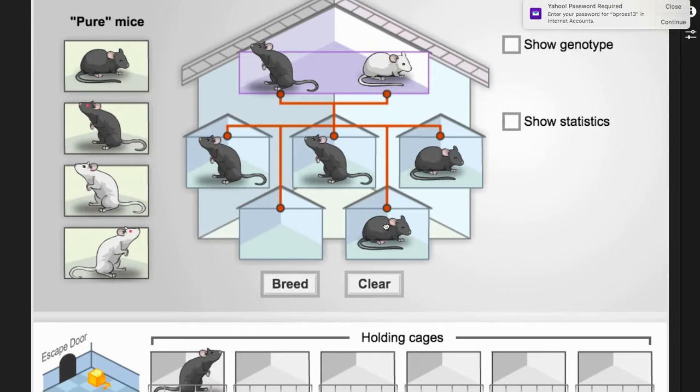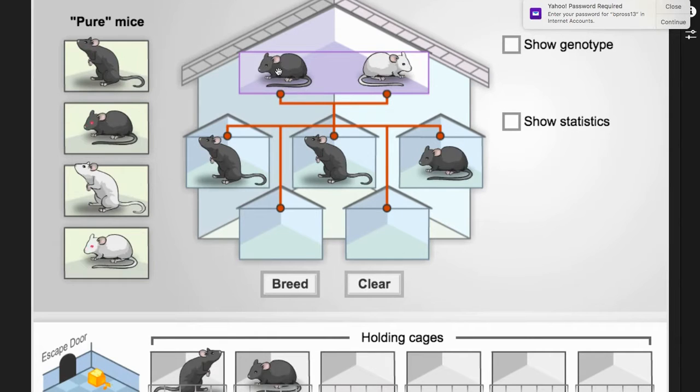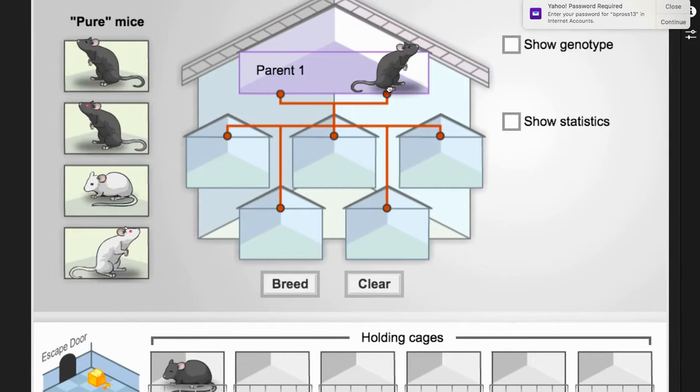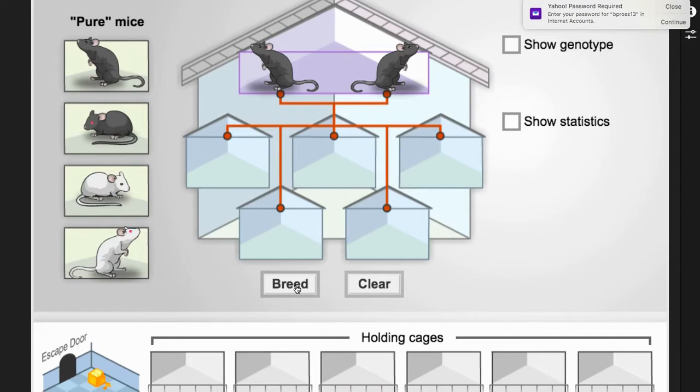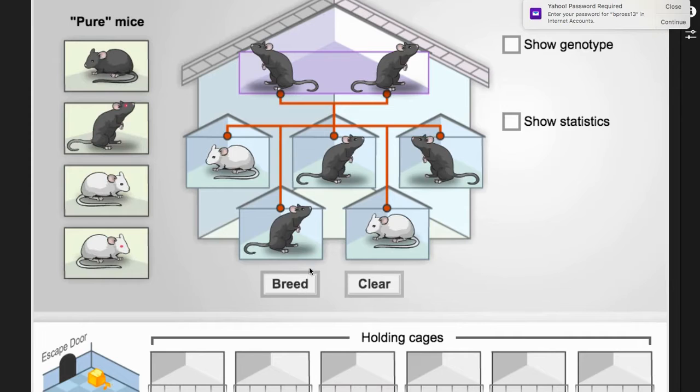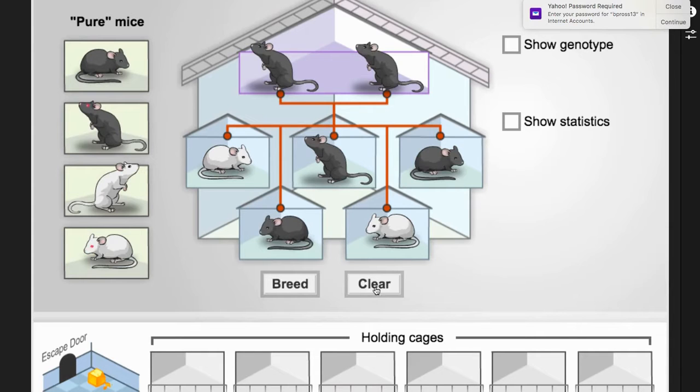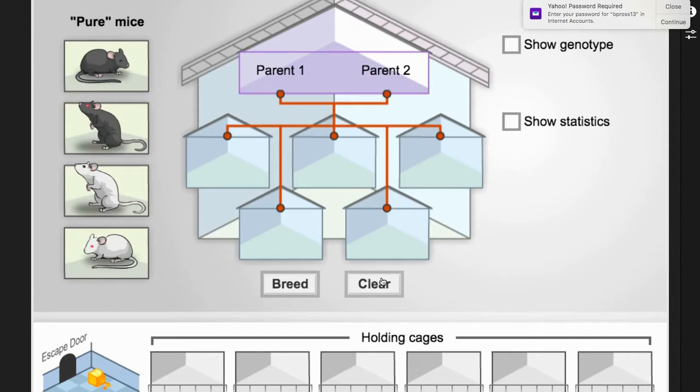When we take those babies, which had a black fur color allele and a white fur color allele, and breed them together, we knew that we were going to get mostly what color and a few of what other color. And when we do it, we see that we have mostly black fur color and some white fur color. What we saw was white was recessive and black was dominant.